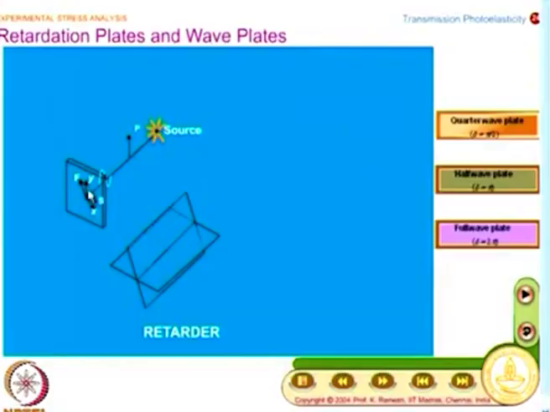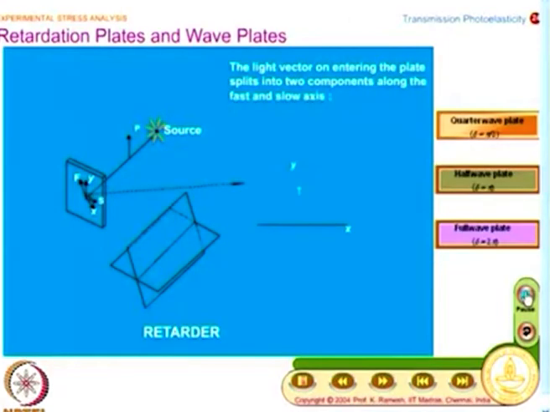As soon as it touches the front surface, it splits into two components, because within the crystal you will have two refracted beams, you are not going to have only one refracted ray, and these two refracted rays will have different amplitudes which are shown, which is dictated by the angle theta.